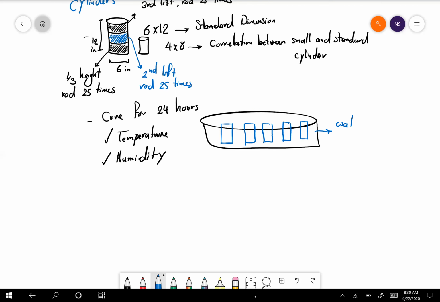This is water with controlled temperature. And there's a standard ASTM process for the curing. So ASTM for both sampling and the curing process that we need to follow to make sure that we are following the standard process.